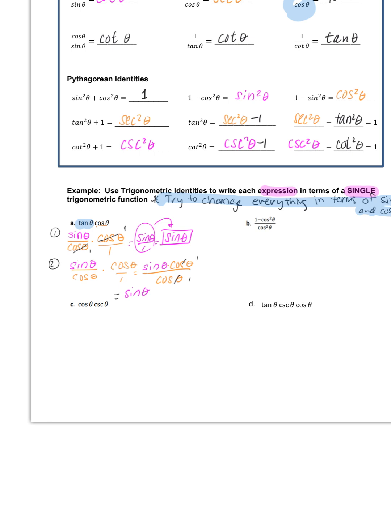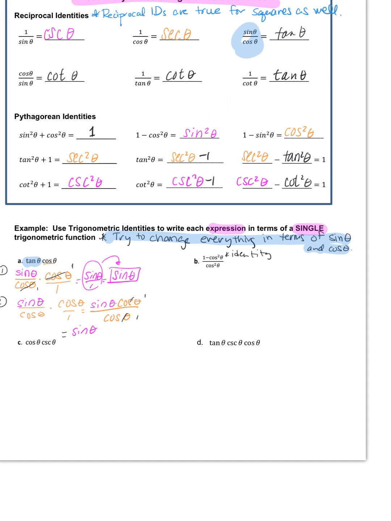Letter B. Hopefully you recognize that this is an identity. If I see a 1 with a trig function squared, I want to look at that. According to my identities, 1 minus cosine squared theta gives a sine squared theta, so I can convert everything to single trig functions. And 1 minus cosine squared theta is not a single one because there are 2 terms there.